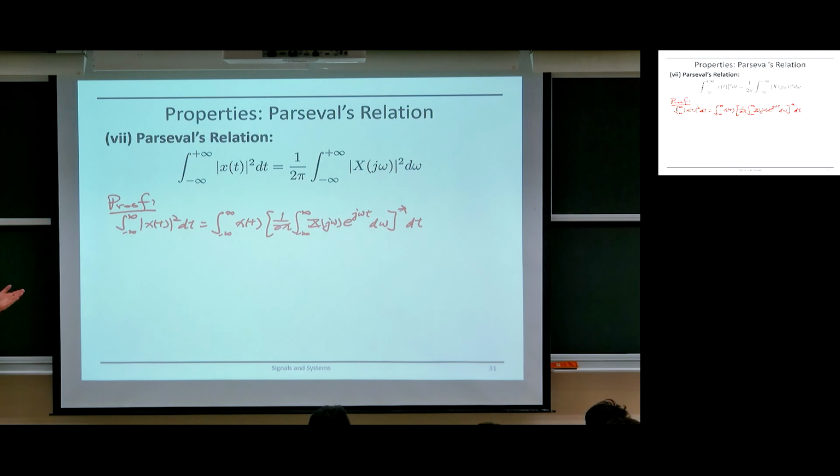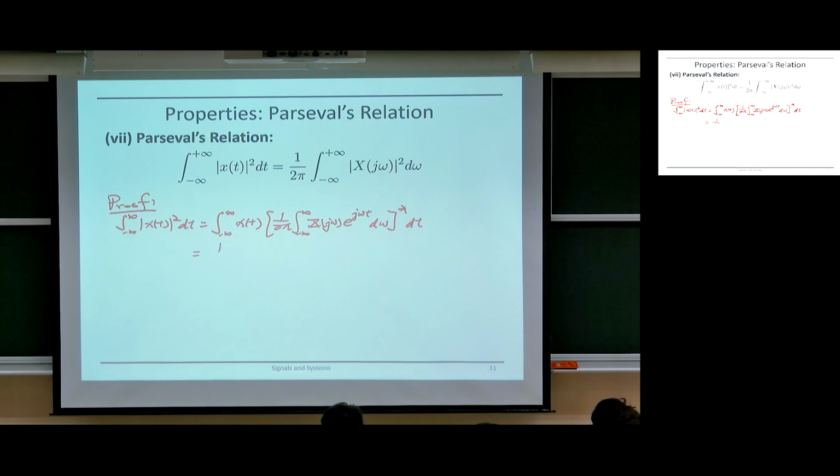Now let's interchange the order of the integration. Let's move this dt inside and d omega outside. And when you get rid of this bracket, you need to apply the complex conjugate onto all these different terms.